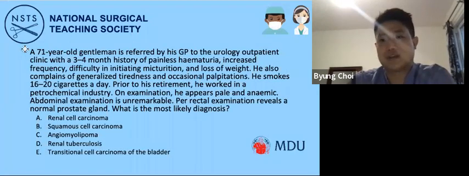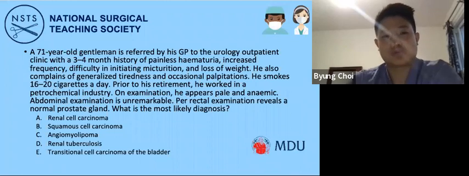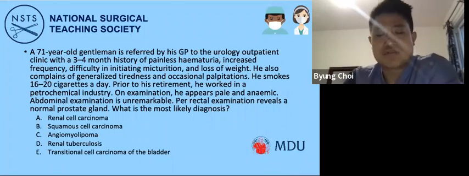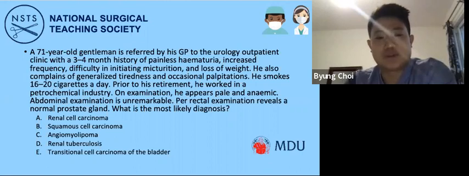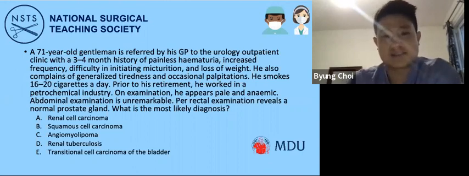Okay, so a 71-year-old gentleman is referred by his GP to the urology outpatient clinic with a 3 to 4 month history of painless hematuria, increased frequency, difficulty in initiating micturition, and a loss of weight. He also complains of generalized tiredness and occasional palpitations.